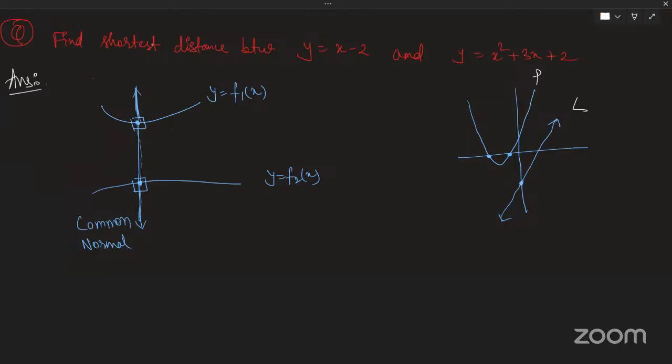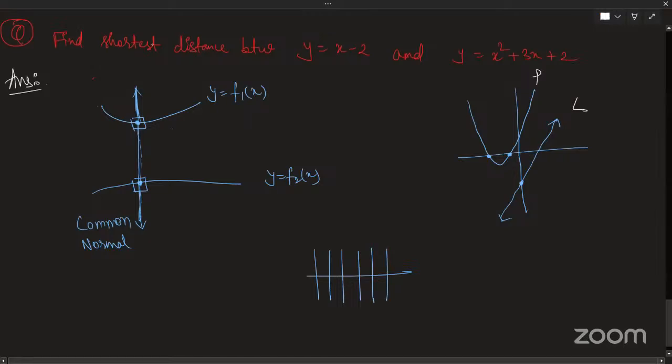The normal to a line is also a line, obviously, perpendicular to that. So it is really easy to think. All you need to do is find the coordinate of a point on this parabola at which the slope is perpendicular to this line L.